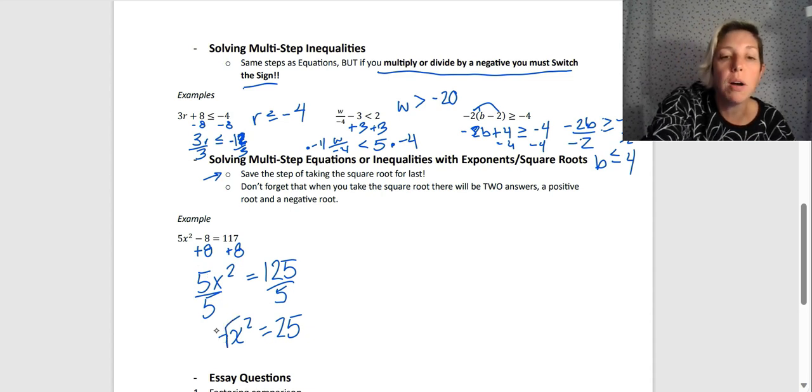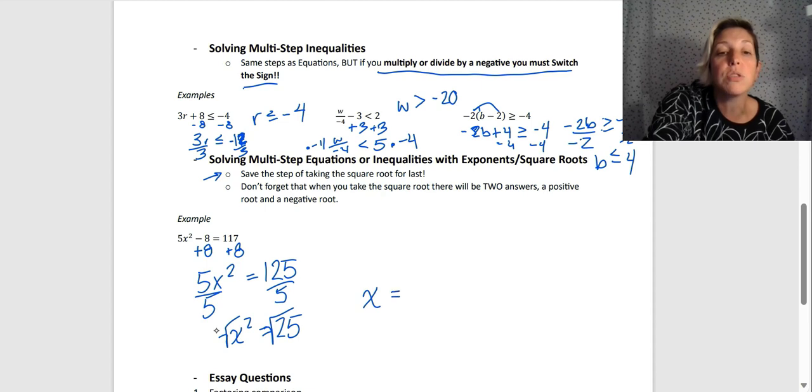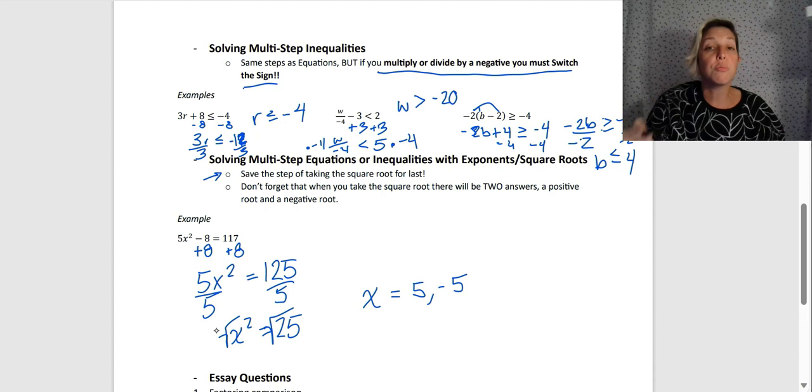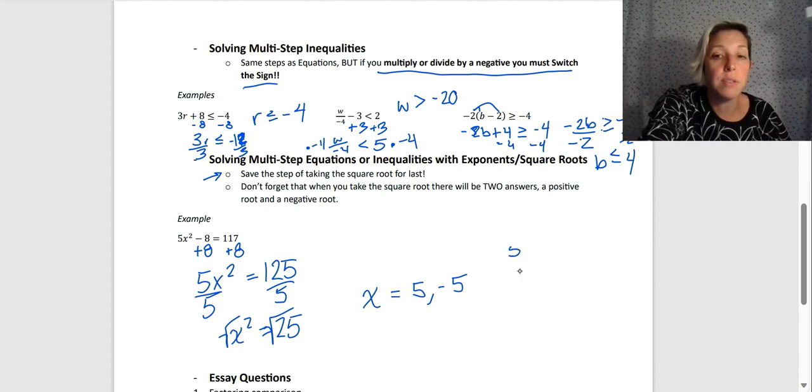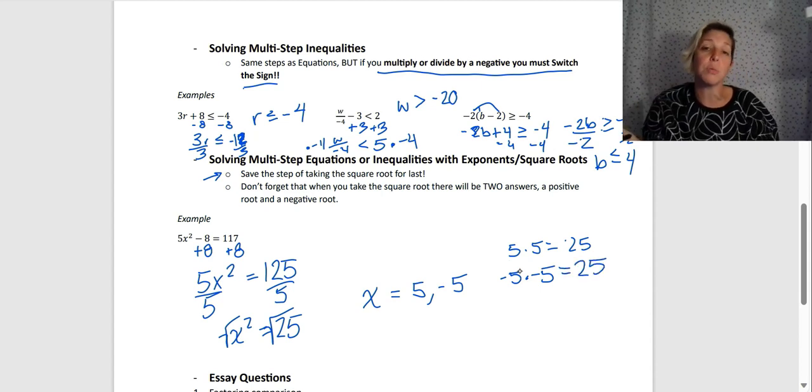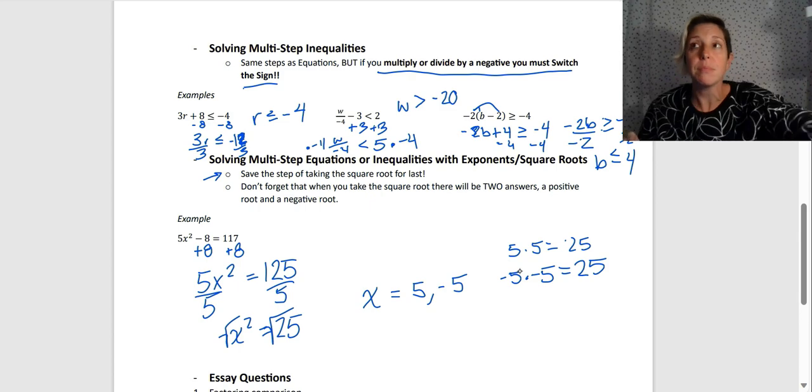Take the square root of both sides, and for your answer, you would say x is equal to 5 and -5. The reason for that is 5 times 5 is 25. But also, if I do -5 times -5, it's also equal to 25. That's why there's two answers when you're taking a square root.